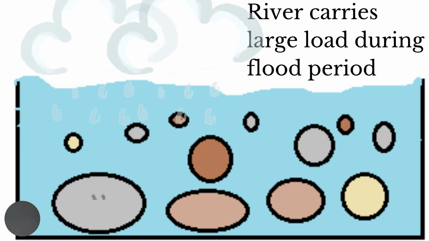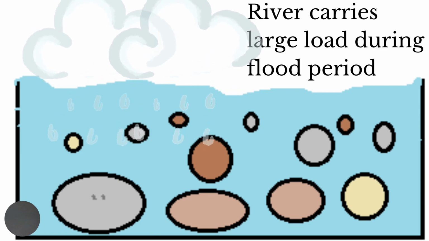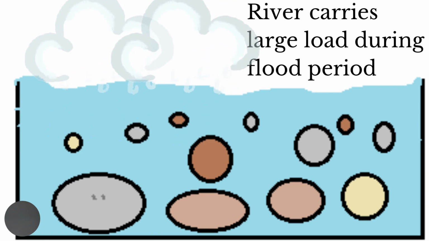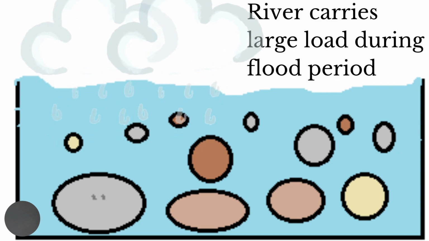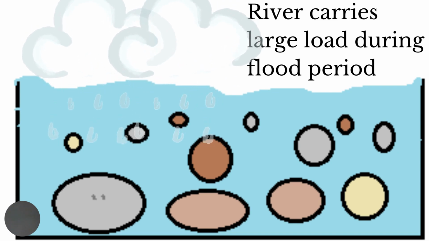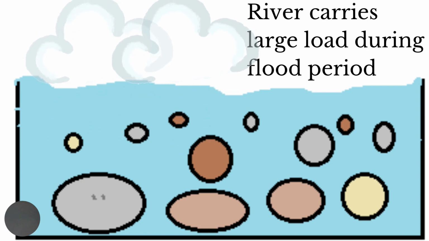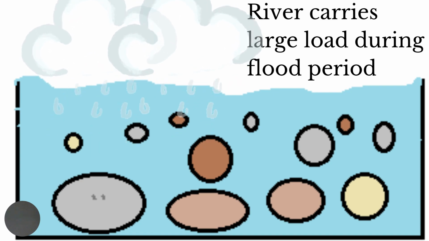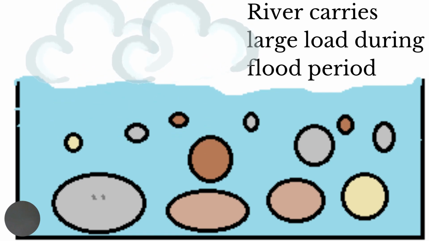During times of heavy rain, the volume of water in the channel will increase, and the river's capacity to transport large materials will also increase.